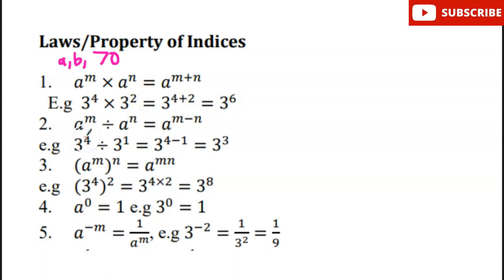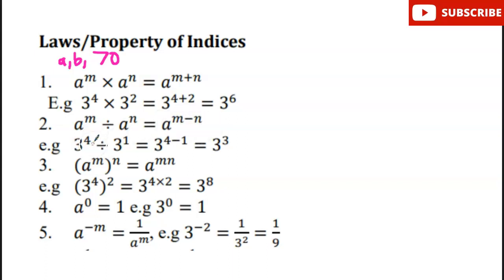Let's come to the second rule. A to the power m divided by A to the power n. Once again, ensure that the bases are the same. If the bases are the same, then when 2 indices are divided, you subtract their exponents. On the right hand side, A to the power m minus n.